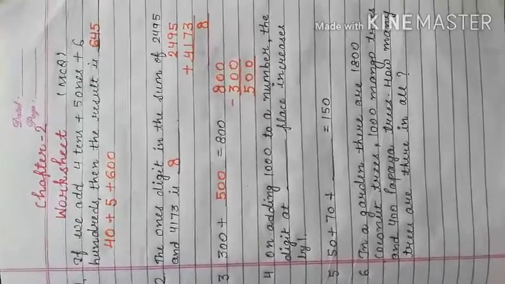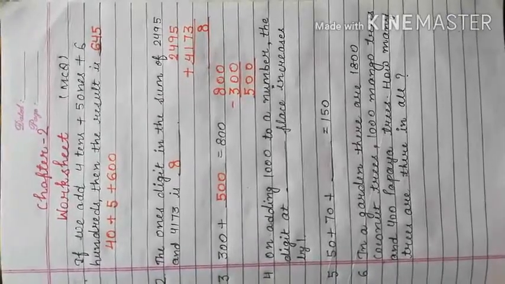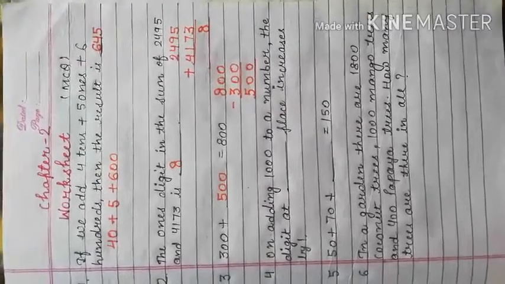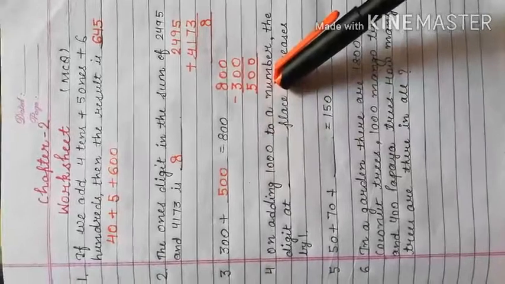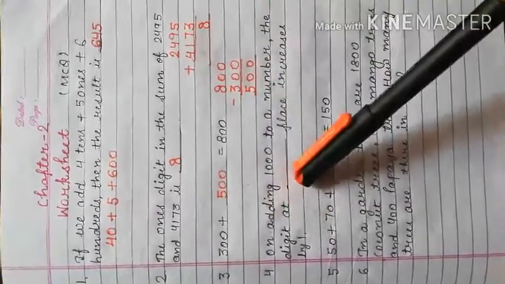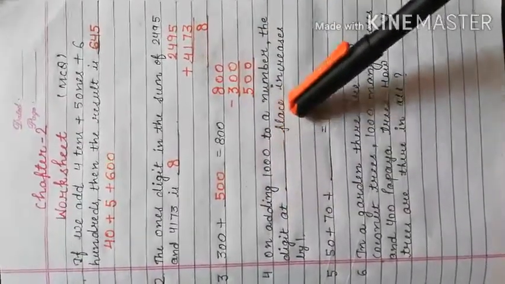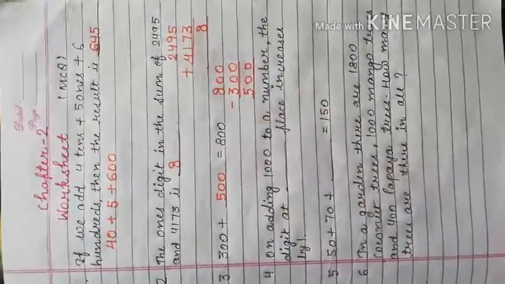Okay, now let us move to question number 4. On adding 1000 to a number, the digit at dash place increases by 1.